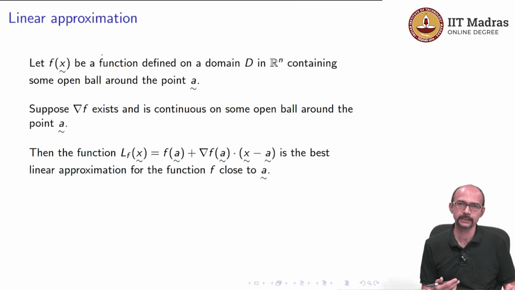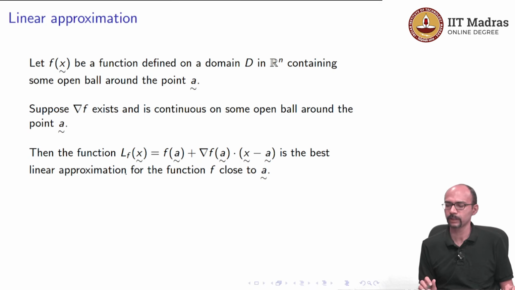The right hand side is exactly what we saw was the expression coming in the equation of the tangent plane. On the left instead we had z or u, meaning the n plus 1th variable. So, instead of that we will create a function, and this function is the best linear approximation for the function f close to A tilde.